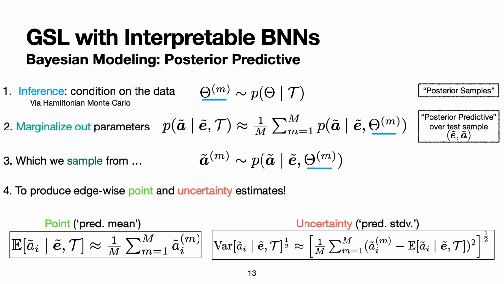Okay, now that we have priors over parameters, we need to do inference, right? This is the second kind of difficulty. And so in this case, what are we going to do? We're going to use Hamiltonian Monte Carlo as a sampling-based approach to produce our posterior samples. Why can we do this, right?